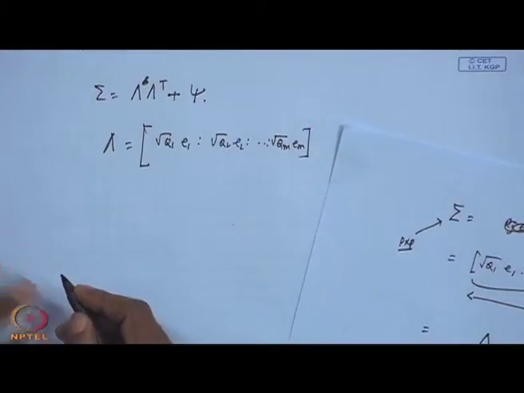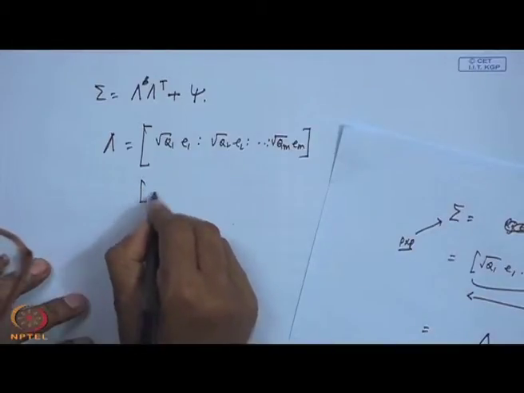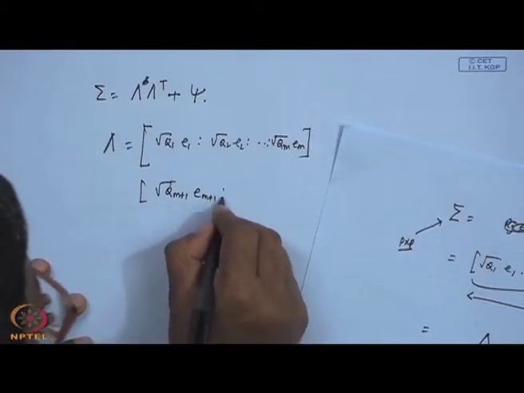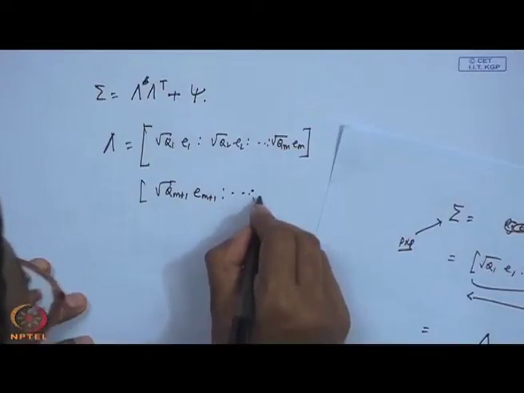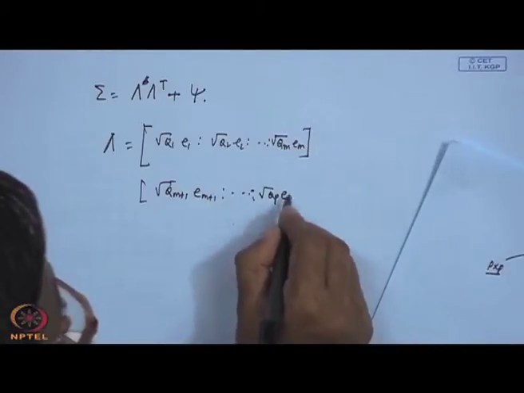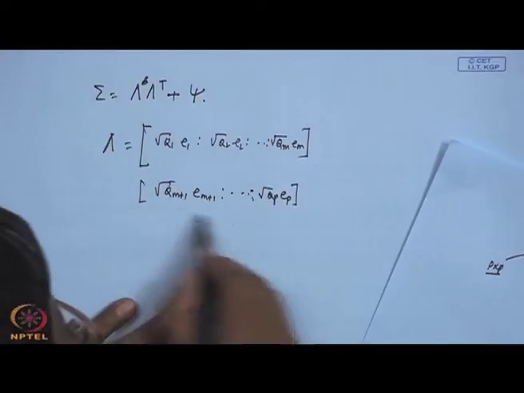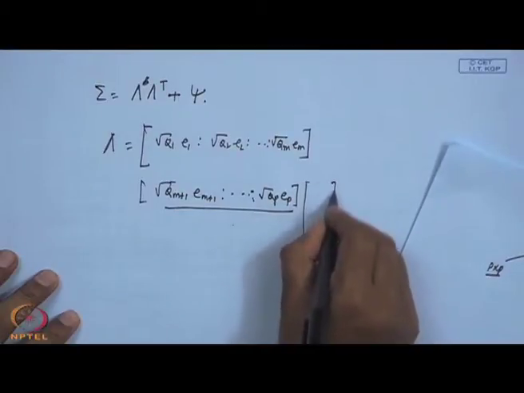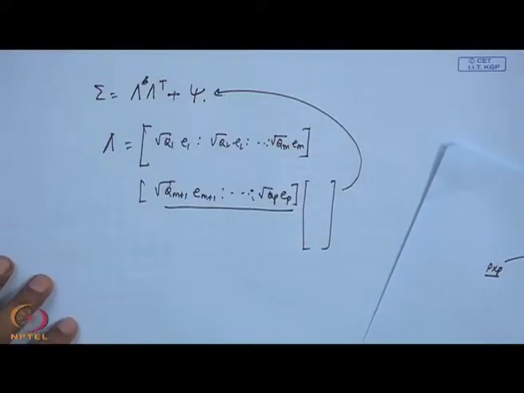The remaining portion, root Q(m+1) E(m+1) up to Qp and Ep, this portion multiplied by its transpose we will relate to this Psi.